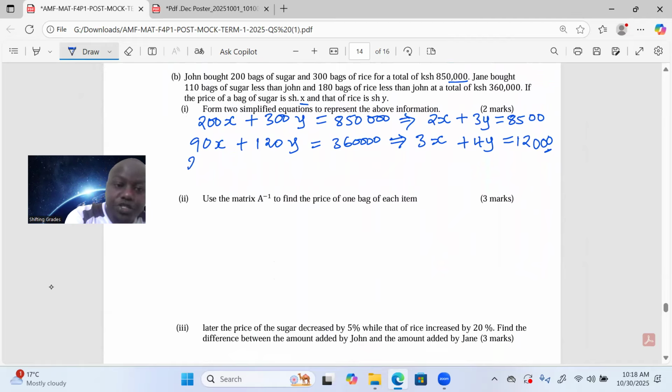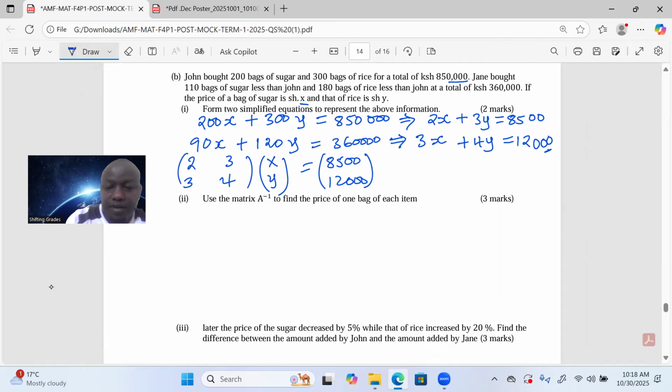It shall be 2, 3, 3, 4, multiplied by what we call the variables matrix, X and Y, equals the constants matrix, 8500, 12000. So this is a matrix equation now.